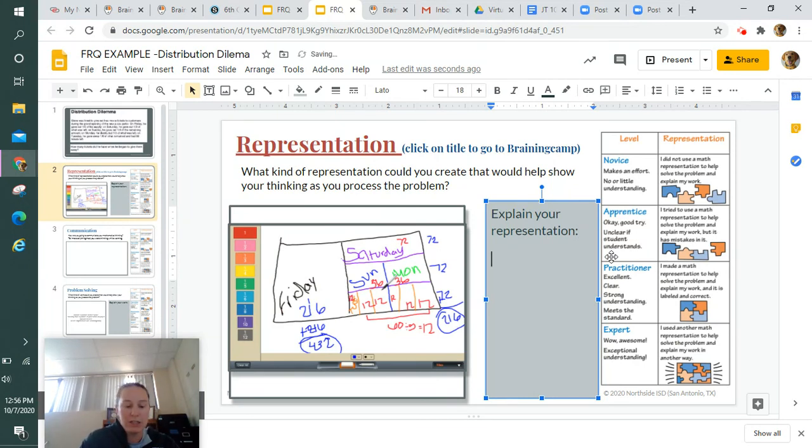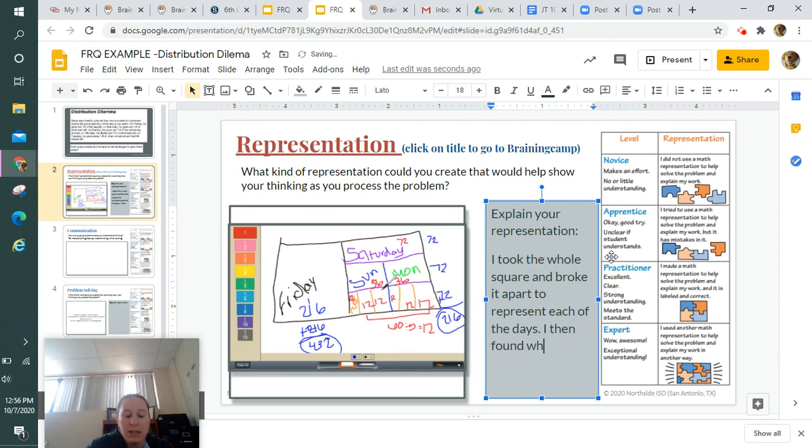So my explanation is I took the whole square and broke it apart to represent each of the days. I then found what each part was worth and added the total together.